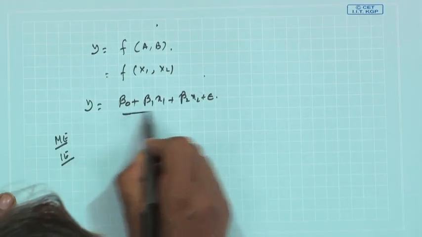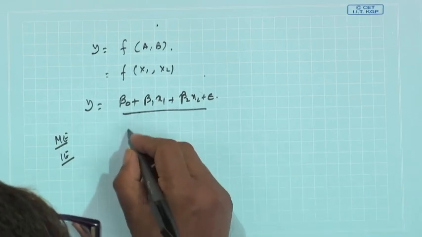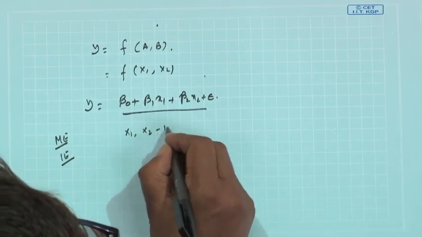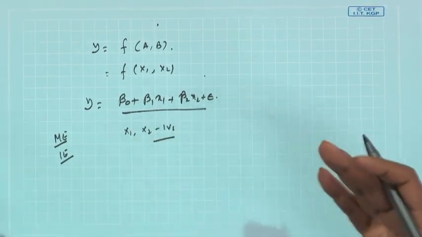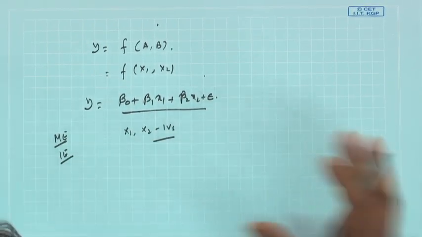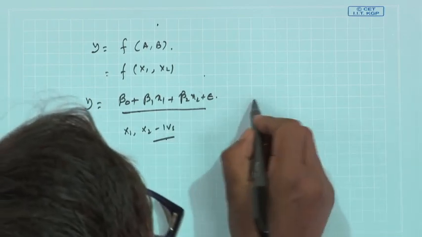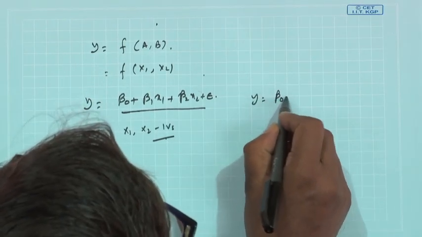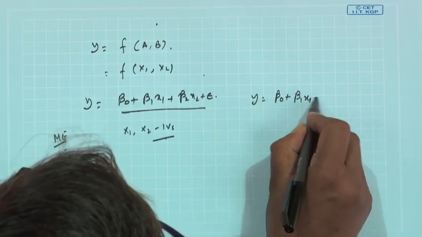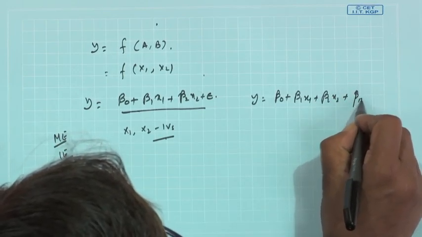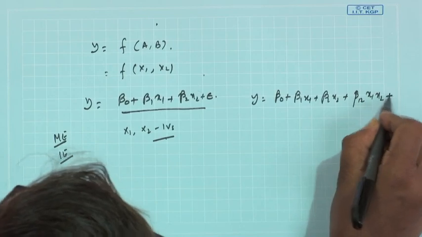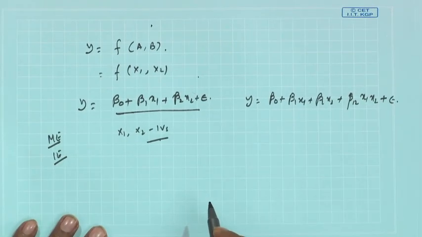This is a regression equation when x1 and x2 are purely independent IVs. But if x1 and x2 have interaction effects, what will happen? This y will become beta 0 plus beta 1 x1 plus beta 2 x2 plus beta 1 2 x1 x2 plus epsilon.